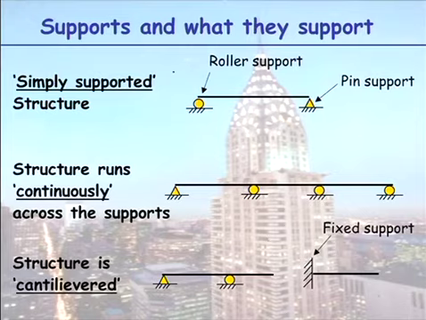So you know about your fixed and pin support types, but let's just have a look at what they support. In this first case here, we have a simply supported beam. So there's a support at either end of the beam, a roller and a pin support. Sometimes our beam can run continuous over our support types.